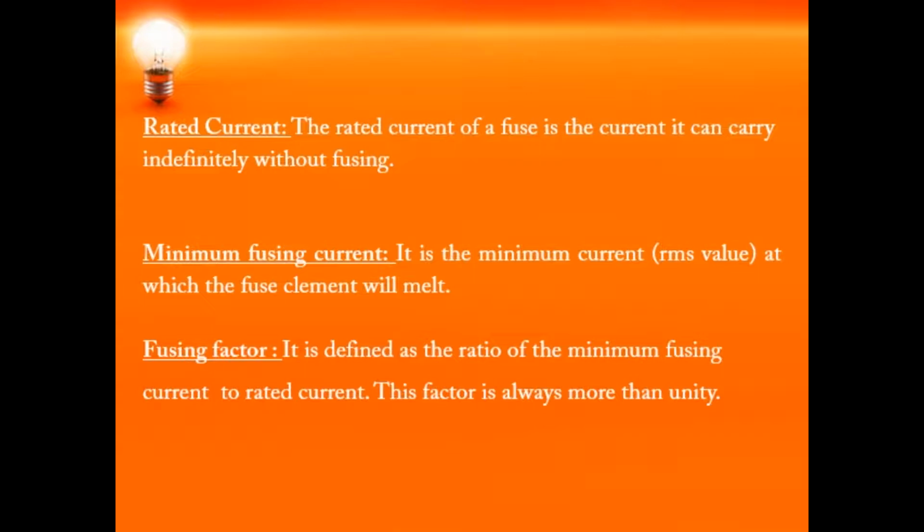Depending on that also the fusing current will vary. So when we replace the fuse wire for domestic purposes, we have to take care of its length, the material which is used, as well as its diameter. It will have an effect on the minimum fusing current.